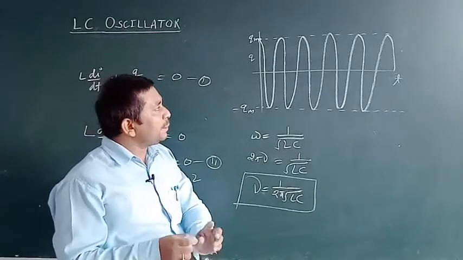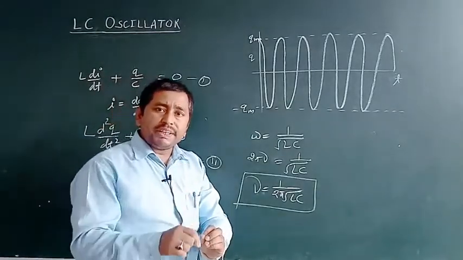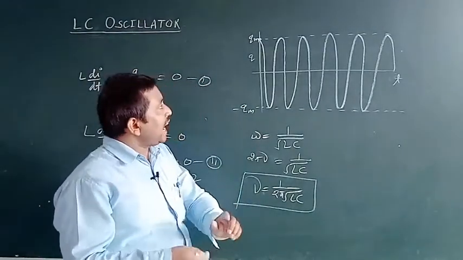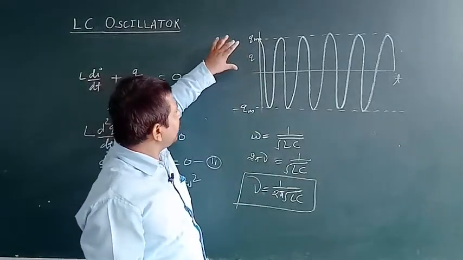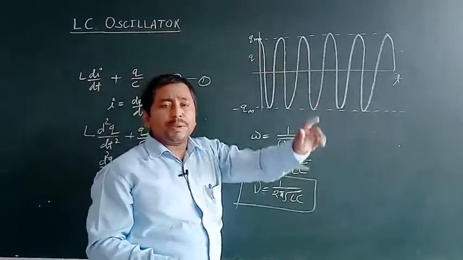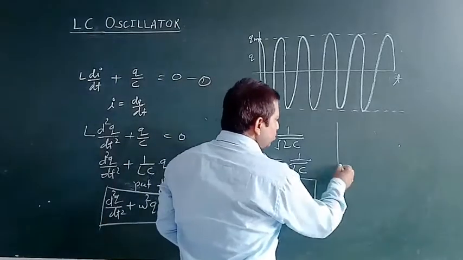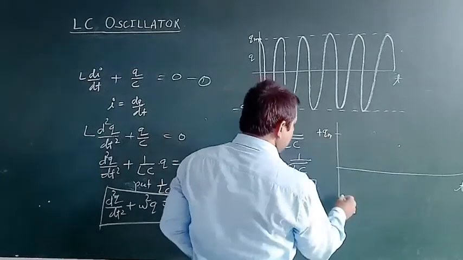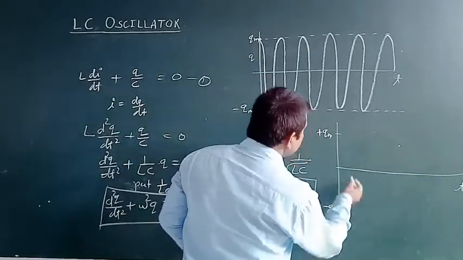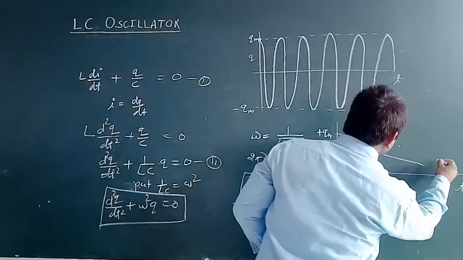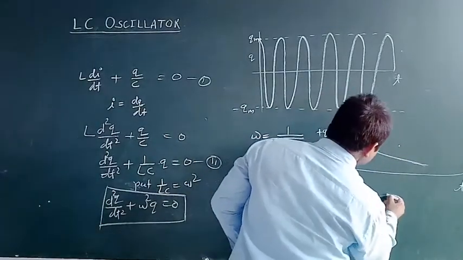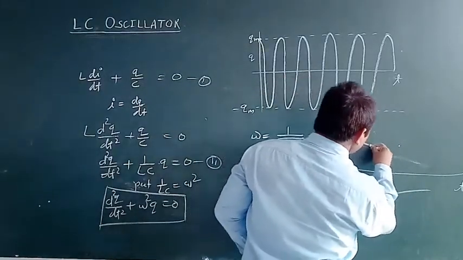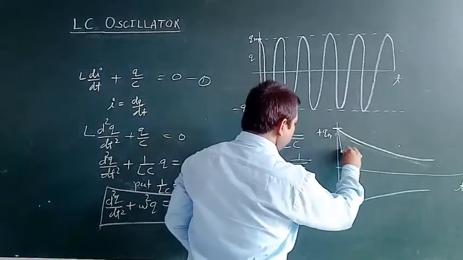If some power is dissipated in the LC circuit during oscillation of the energy, then the amplitude of the charge will decrease with respect to time. Then the maximum charge, qm, and the minimum, minus qm, will decrease in value, and it will look something like this. So the oscillation of q will be like this.